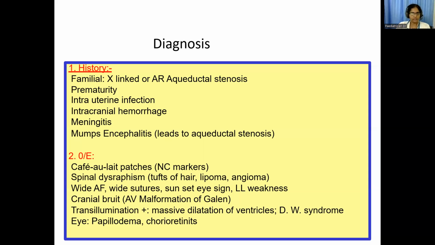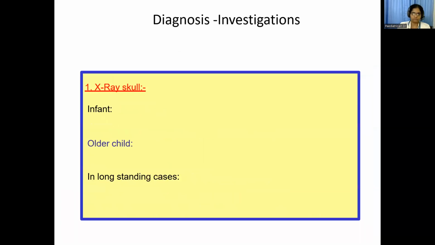Most importantly, after birth, see the gestational age and other immediate complications suggestive of meningitis or encephalitis. Look at the skin for café-au-lait spots and examine the head properly for anterior fontanelle and suture separation. Sunset sign. Also check for lower limb weakness, which is quite common. In the eyes you look for papilledema and chorioretinitis. So always do a fundus examination.